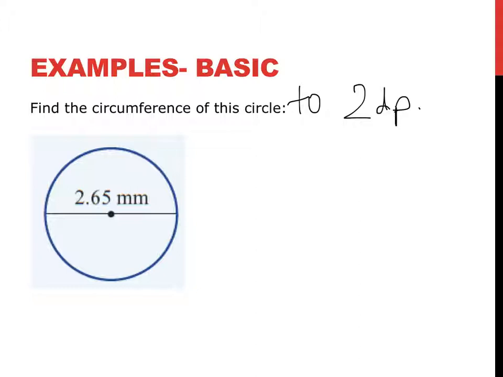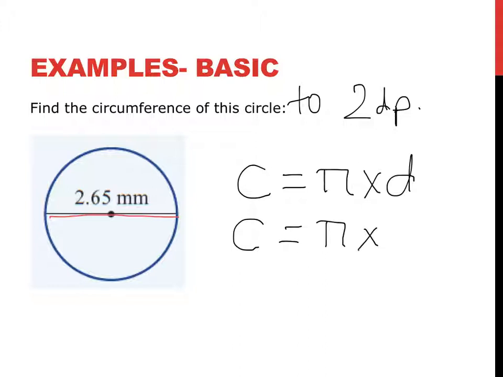So my circumference, I've been given here. If it's a line going through the center from one side to the other side, it's the diameter. So my circumference equals pi times my diameter. My diameter is 2.65 millimeters.